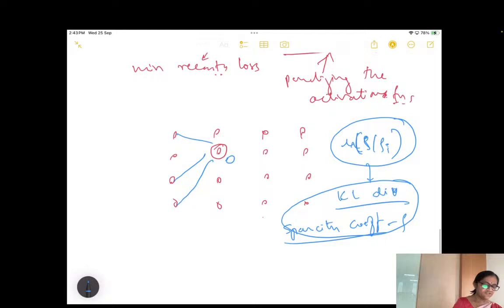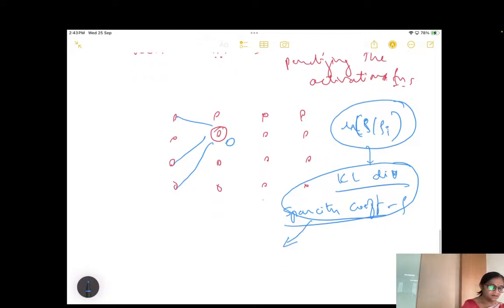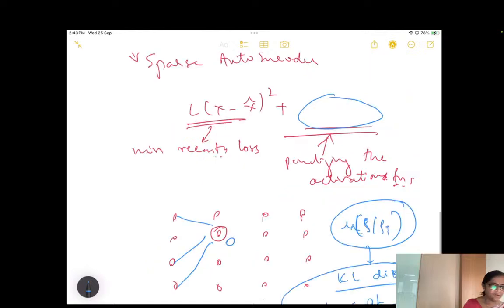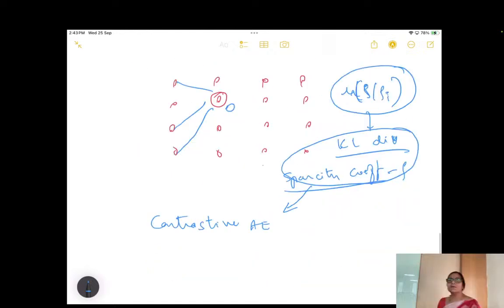This gives you another class of autoencoder, called the contrastive autoencoder. The majority of people name many different types of autoencoders, but mainly there are vanilla autoencoders, sparse autoencoders, and contrastive autoencoders. What is the main difference between sparse and contrastive autoencoders?